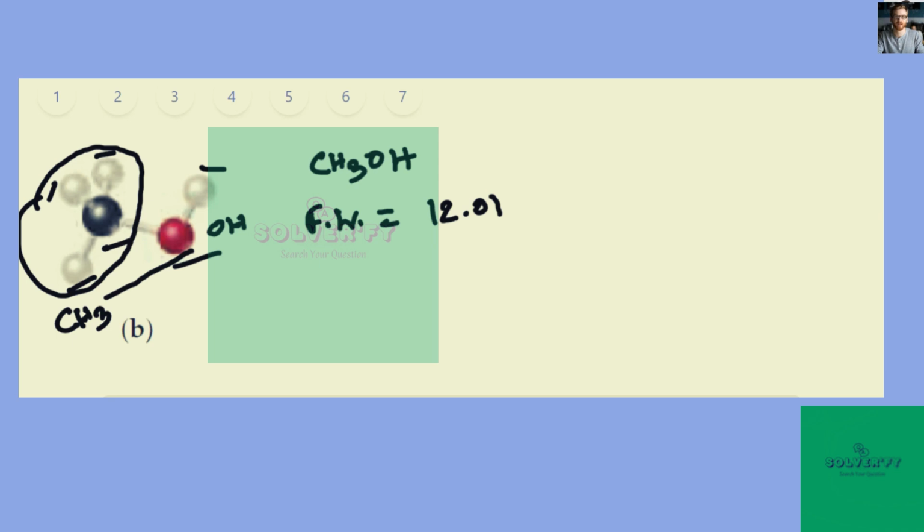So the atomic weight of carbon is 12.01, plus we have four hydrogen, and hydrogen's atomic weight is 1.008 multiplied by 4, and then we have one oxygen, which is 16.0.